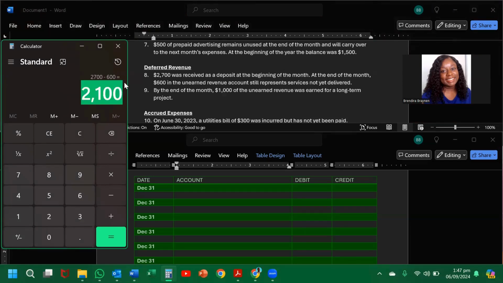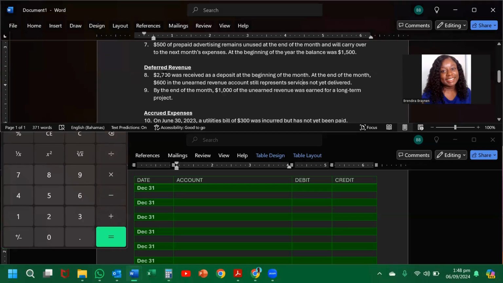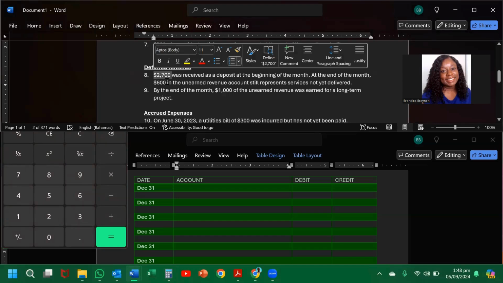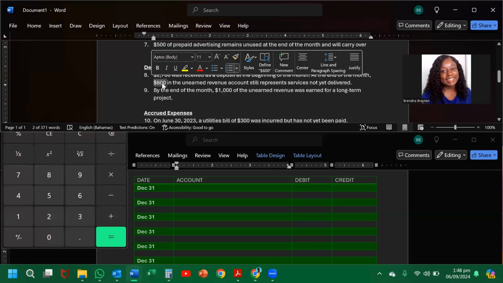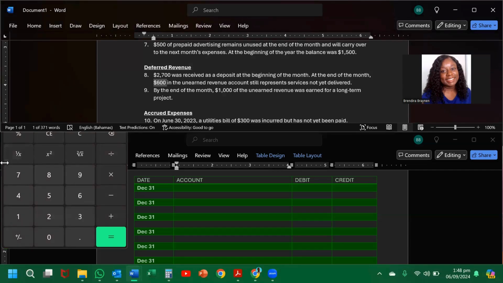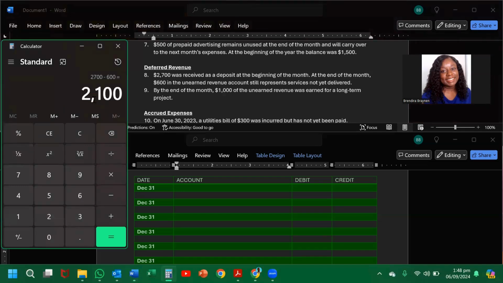Because I've performed the service, this is considered revenue, and now I need to record this additional revenue. So I'm recording more revenue in my books as a result of actually performing the services for the customer. My unearned revenue account started off at $2,700, and at the end of the month, after I make this adjustment, the account should be $600. So definitely I would not use $600 in my entry. Because of that information, I would use this $2,100.